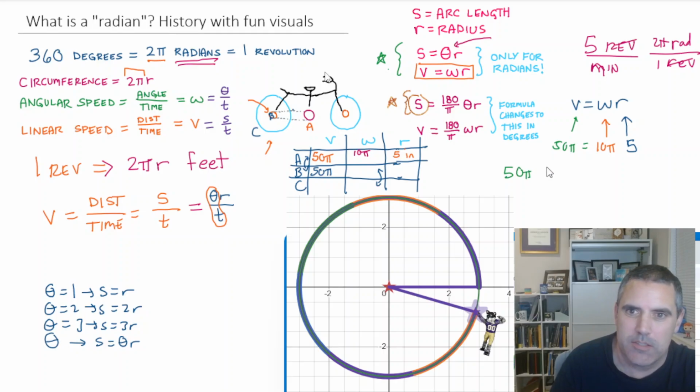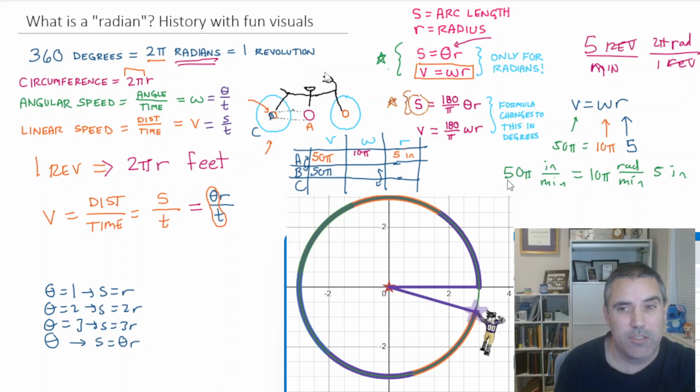The linear speed is going to be, in this case, inches per minute. And on the other side, you're going to have 10 pi, and this is going to be radians per minute. And you're going to have R, and that's going to be inches. And if you've taken physics or anything, you're expecting things to cancel. And there's this weird extra unit that appears to vanish.